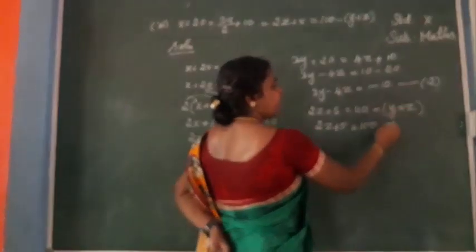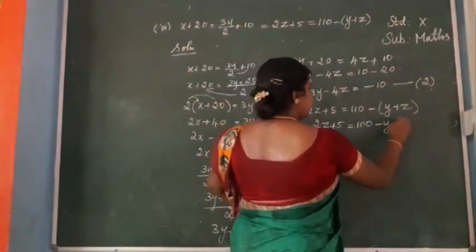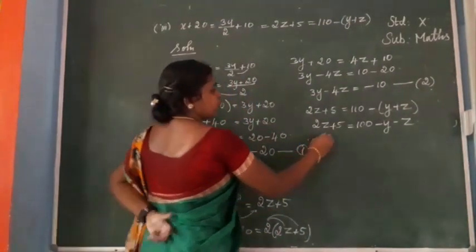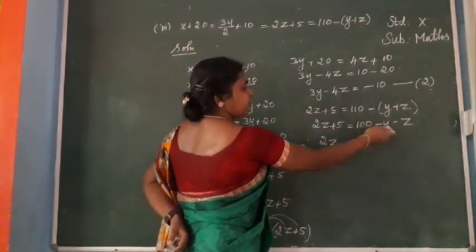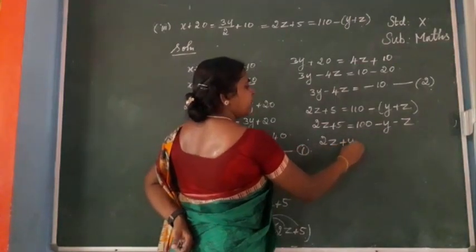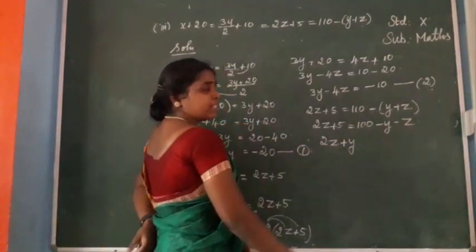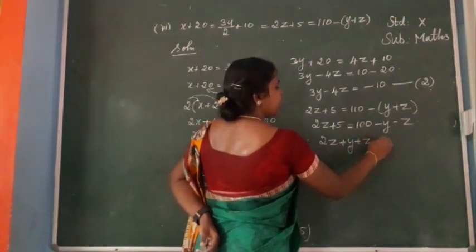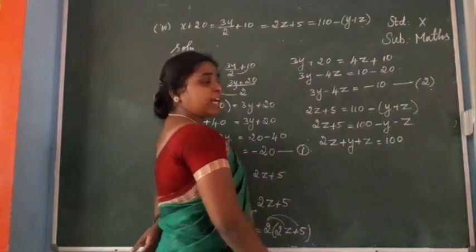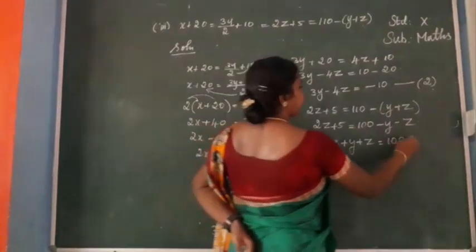So minus into y is minus y, minus into z is minus z. Okay, next 2z. The unknowns you take to the left-hand side; minus y when you take it to the left-hand side means plus y, minus z means plus z, equal to 100. This 5 you take to the right-hand side, it will become negative, so minus 5.